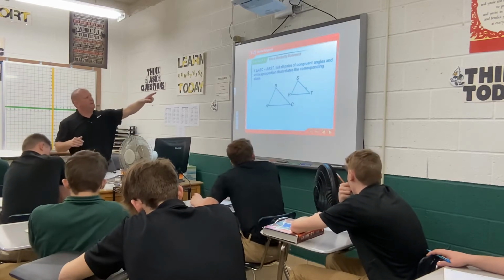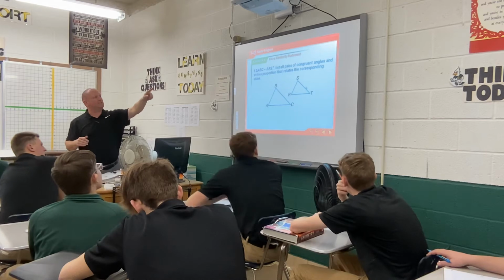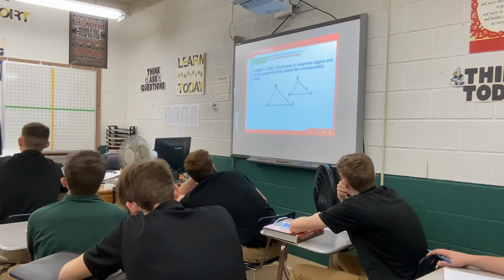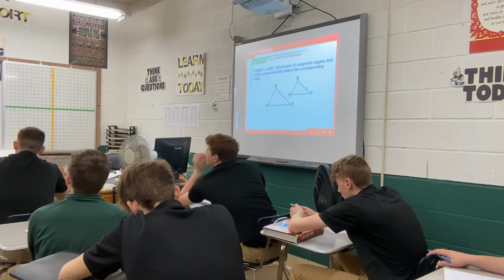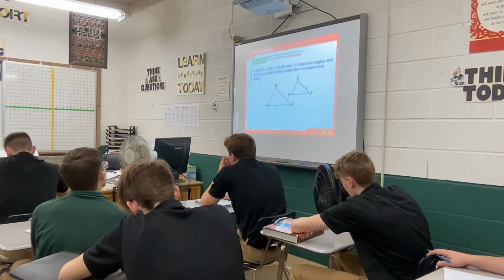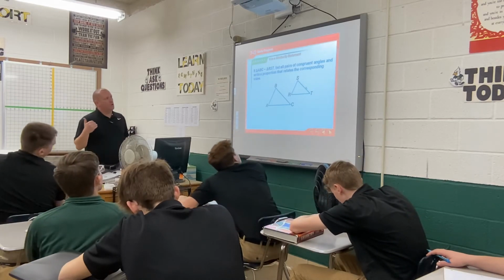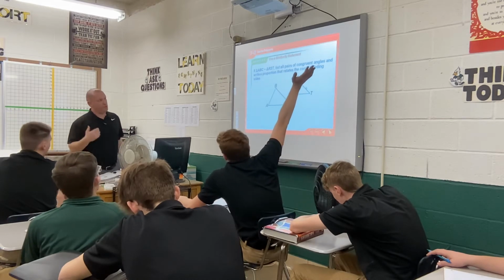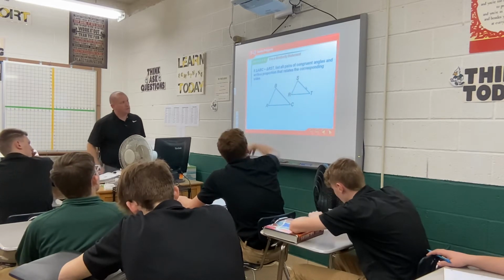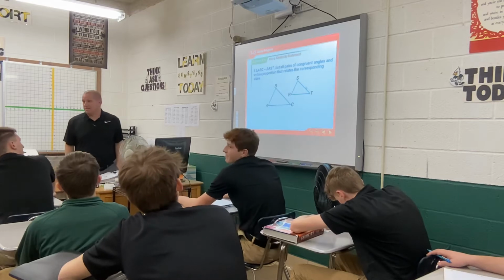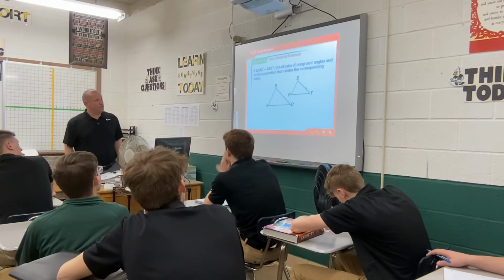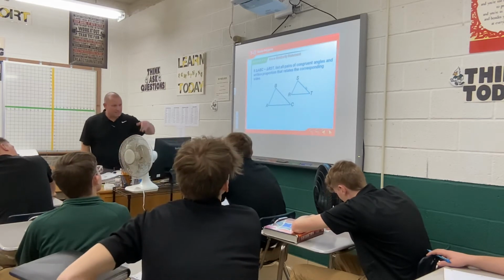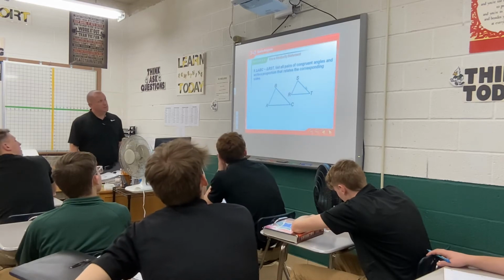So when they say write a proportion that relates corresponding sides, we're going to do these fractions right here. Somebody give me one proportion, or a ratio, that would work. AB over RS. Everybody agree? If he says it that way, then another one has to be AC over RT.